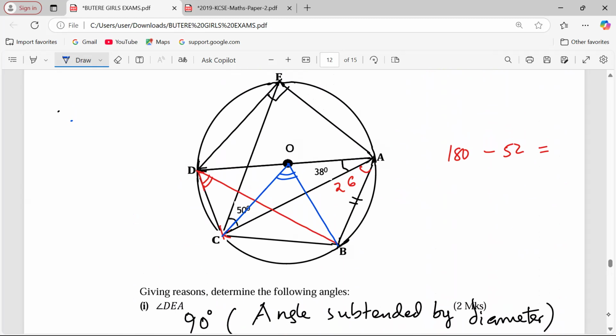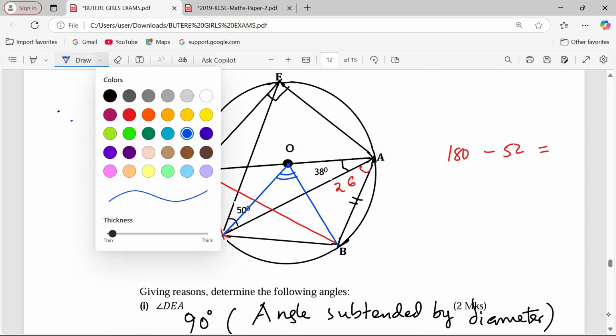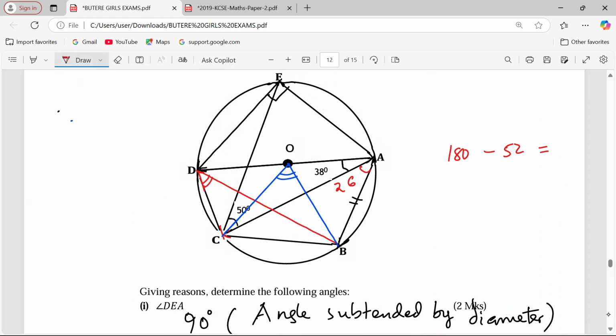AOC, the whole of this angle now. Let me indicate it using a different ink. The whole of this AOC, the angle there. But now we need the reflex one. This one is the one we have indicated is obtuse. Now the reflex one is usually greater than 180.